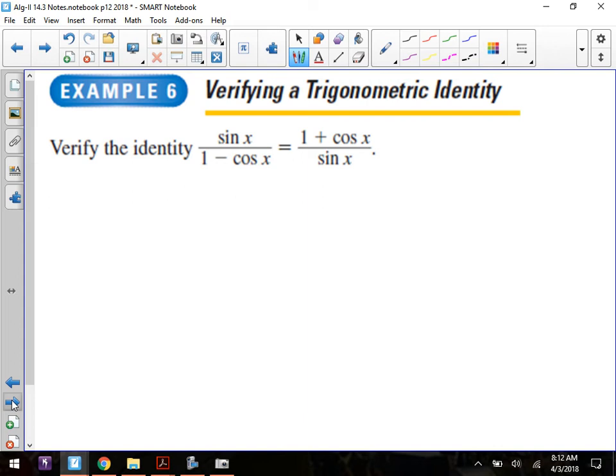So here's another weird situation. Notice the denominator of one side and the numerator of the other side.